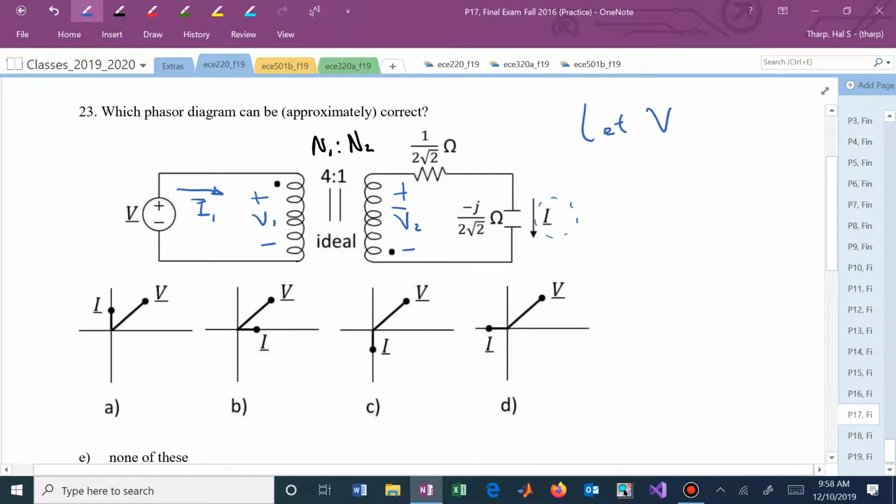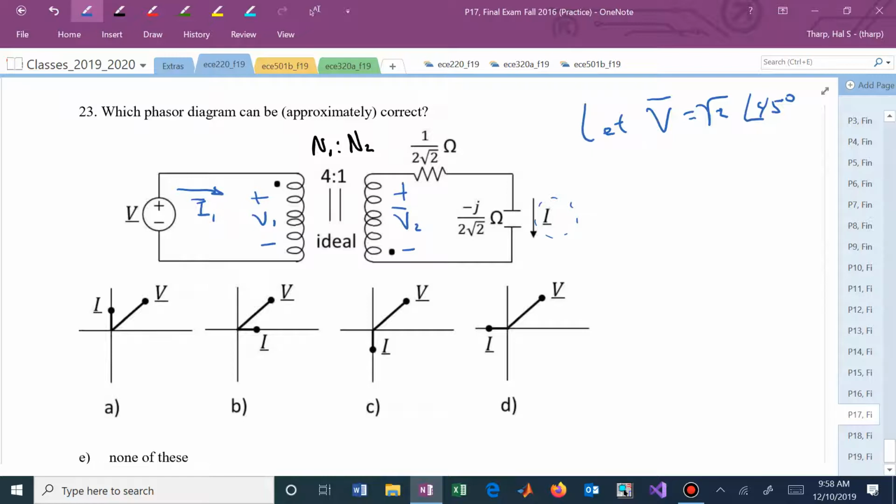I went a few attempts on this, but I said, let's just say that V bar is the square root of 2 at an angle of 45 degrees. Doesn't matter, but now that square root of 2 is going to be helpful in establishing the relative fraction that I is relative to the square root of 2.